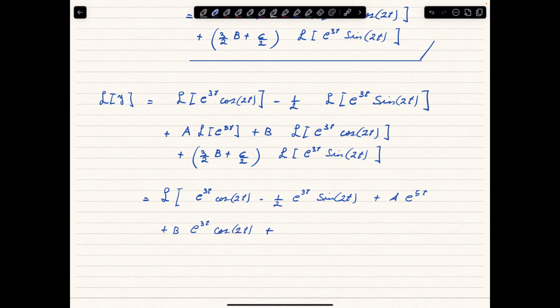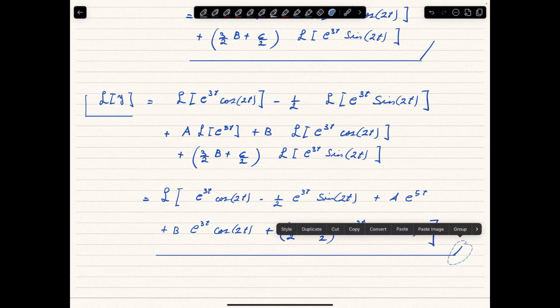And then another number that looks ugly but is just a number that we can compute, exponential 3t sine of 2t. So if the Laplace transforms are equal, then the functions have to be the same, and that gives us the solution.